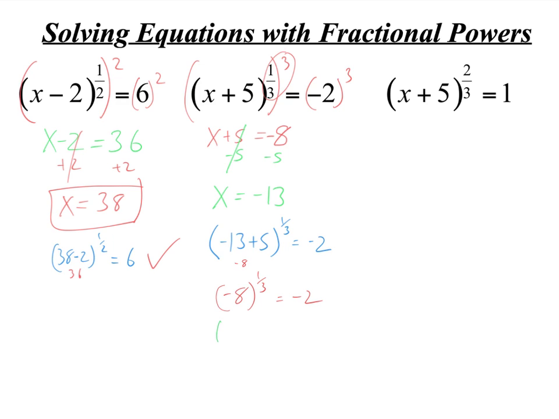Well, let's think. What to the third gives you negative 8? Isn't that negative 2? Isn't negative 2 cubed negative 8? Won't these cancel? And so, doesn't that give you negative 2 equals negative 2, which is true?